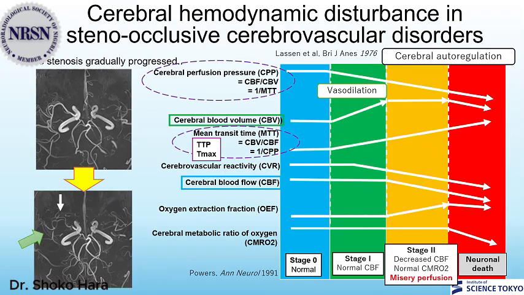Time-based parameters measured with CT perfusion and DSC change inversely with cerebral perfusion pressure. Therefore, when these time-based parameters are markedly prolonged and CBV is increased, we can infer that the region is experiencing misery perfusion with elevated OEF.